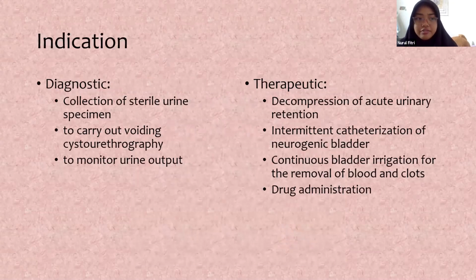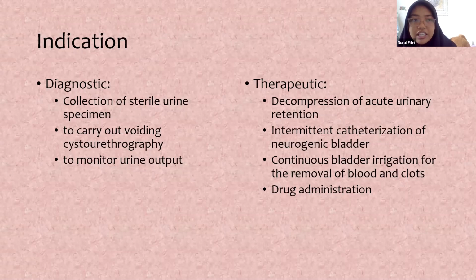So the indications for urethral catheterization: for the diagnostic indication, first is the collection of a sterile urine specimen for culture and analysis, especially in children who cannot void on command. Then the other function is to carry out voiding cystourethrography, and also to monitor urine output in the post-operative patient and in the critically ill patient.